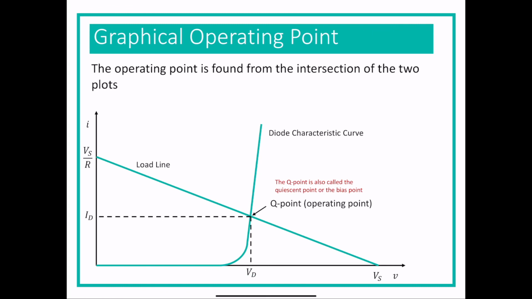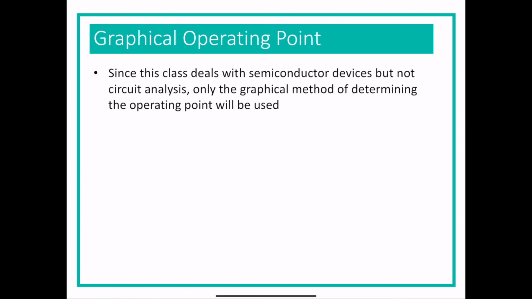So that's one of the issues with using graphical methods: the resolution is not that good. But because this is not a circuit analysis class, we do not use circuit analysis in this class. We only use the graphical method to find the operating point.